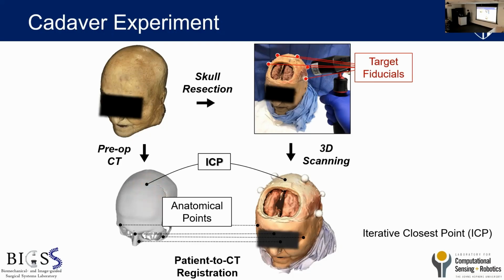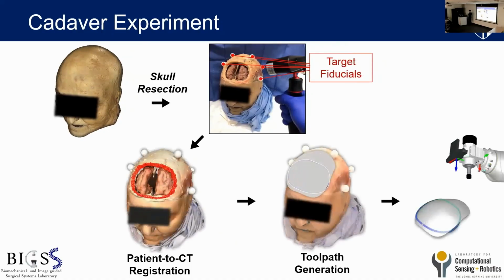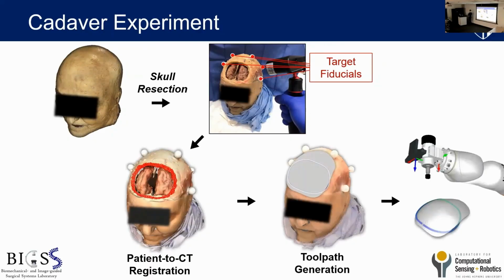Therefore, it requires surgeons to open a larger scalp to expose the skull, which is not ideal. And then after registration, we can use the defect model to generate a cutting toolpath on the oversized implant and send it to the robot to resize the implant.